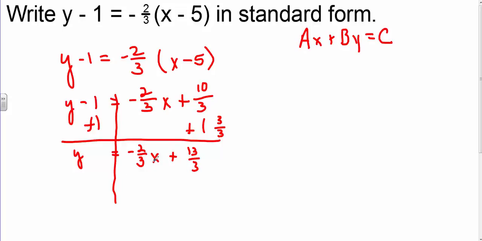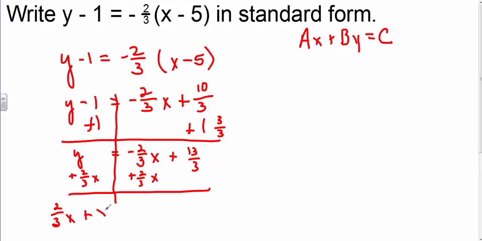Now we want the x to be over here on this side, so we add 2/3 x plus 2/3 x, and that gives us 2/3 x plus y equals 13/3.